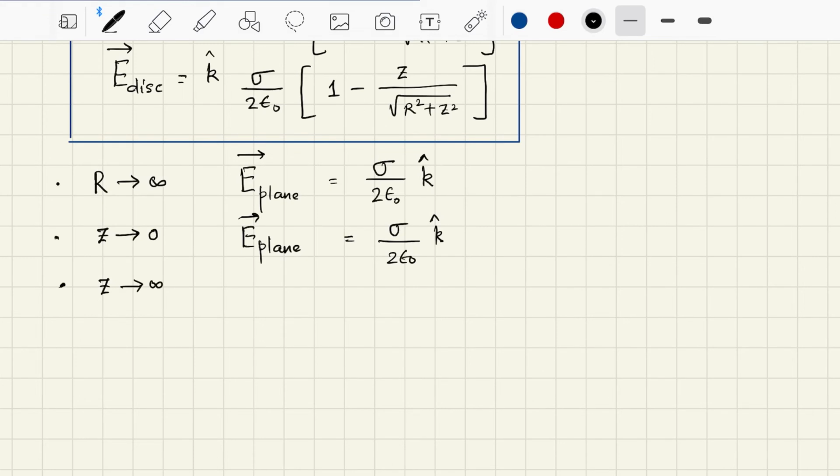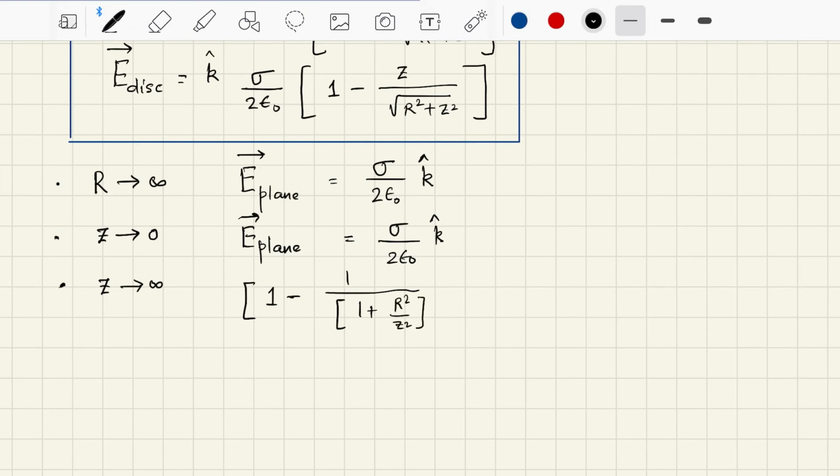And that can easily be done by taking z tends to infinity. Then the quantity under the bracket, 1 minus the bracket, can be written down as 1 by, I can take z out and cancel it, 1 plus r square by z square, right?